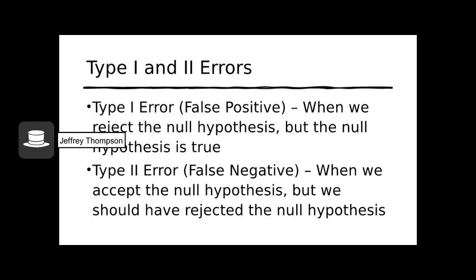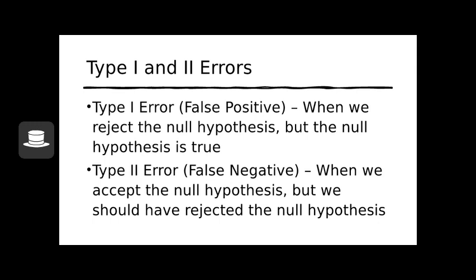So to tie it in to our hypotheses that we were discussing earlier, we're trying to reject the null hypothesis, right? So the type 1 error is when we reject the null hypothesis. So we assume that there's a relationship between our variables, but we should have accepted the null hypothesis, right? So that's a false positive.